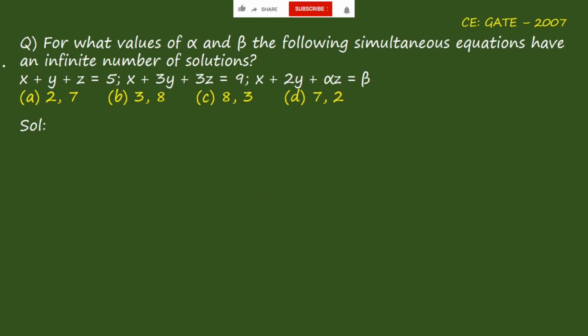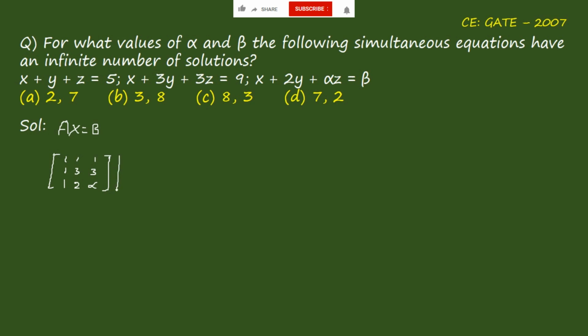Now coming to the next question. The question is, for what values of alpha and beta do the following simultaneous equations have an infinite number of solutions. Okay, and they have given non-homogeneous equations, three equations. Now a non-homogeneous equation is Ax is equal to B. Now we'll write the A, X and B matrices. So A is 1, 1, 1, 1, 3, 3, and 1, 2, alpha, right?